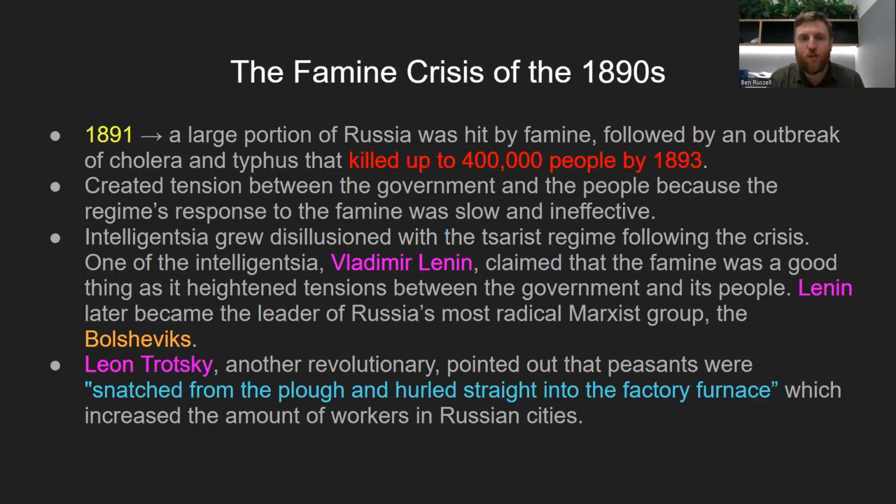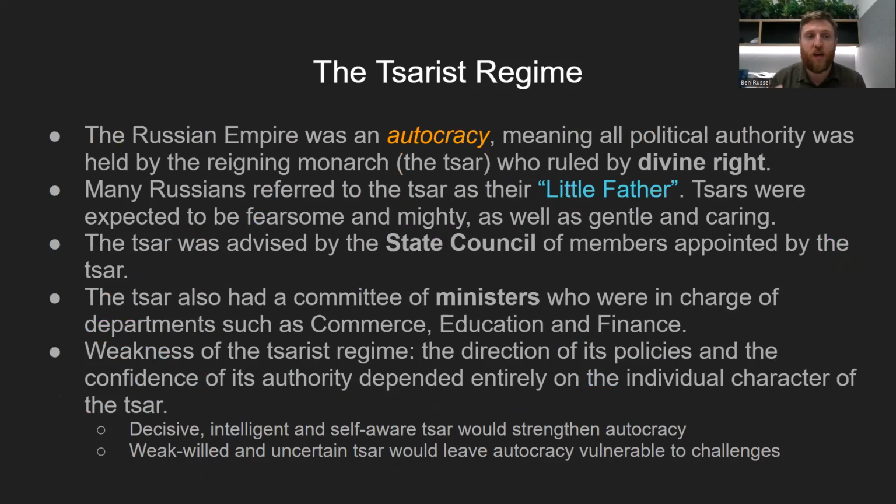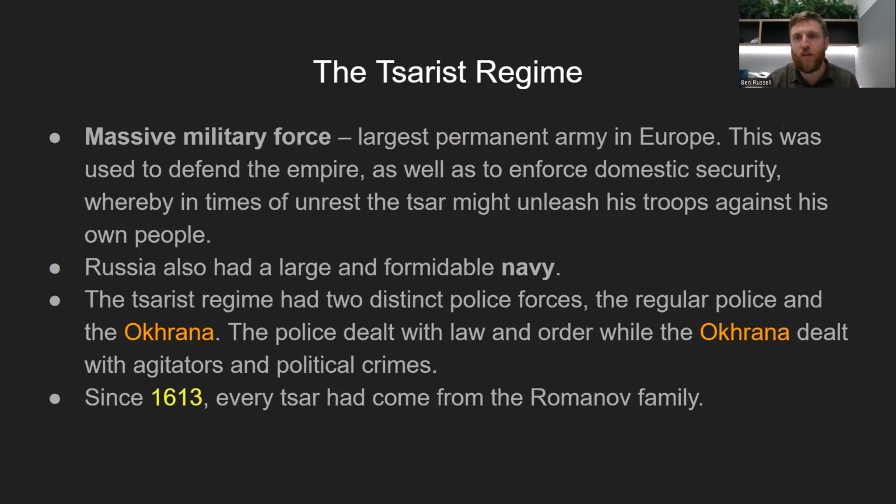So if we go back to this idea that the direction of the Tsarist regime's policies and the confidence of its authority depended entirely on the individual character of the Tsar, Tsar Nicholas was a weak-willed and uncertain Tsar. So that means that the Tsarist regime and Imperial Russia was vulnerable to challenges.